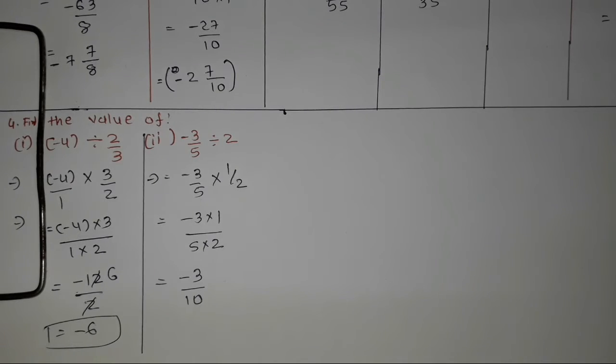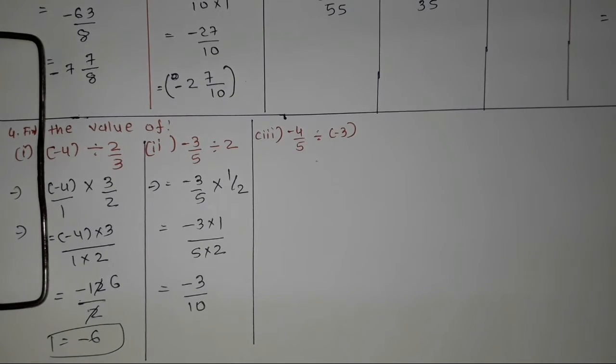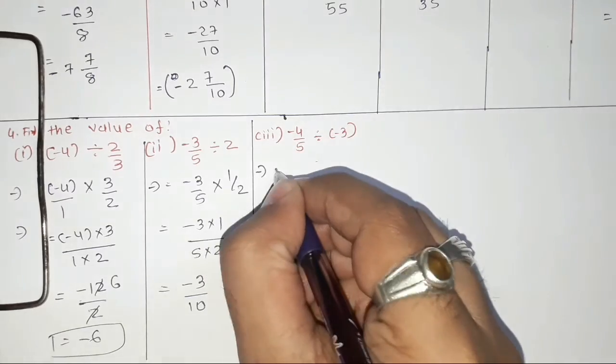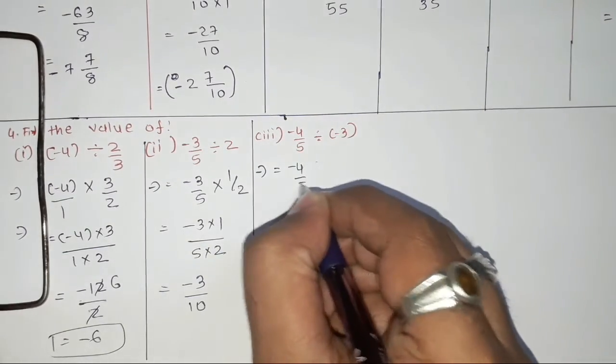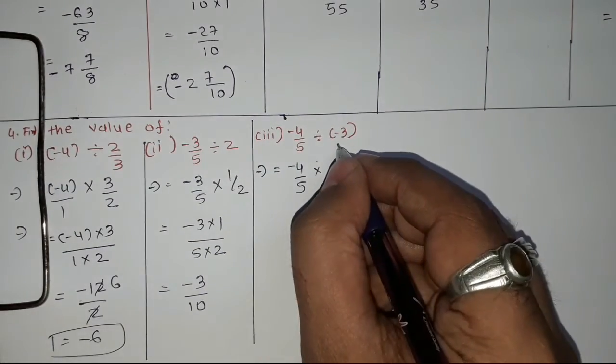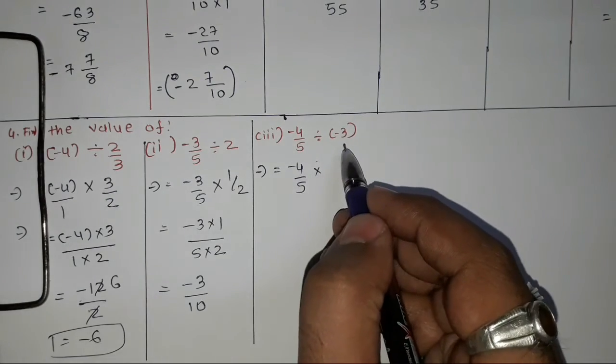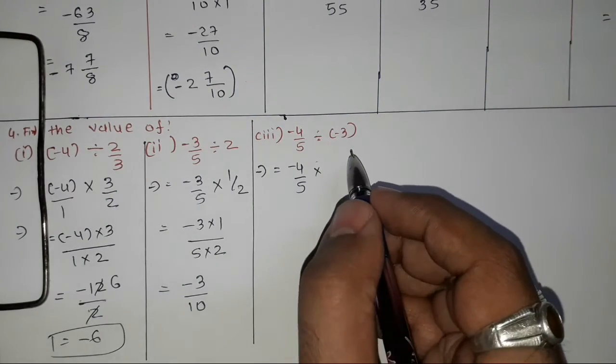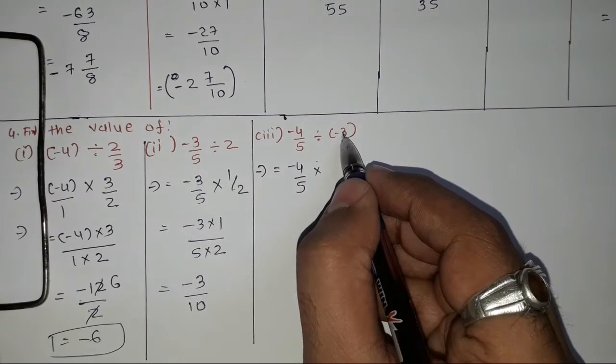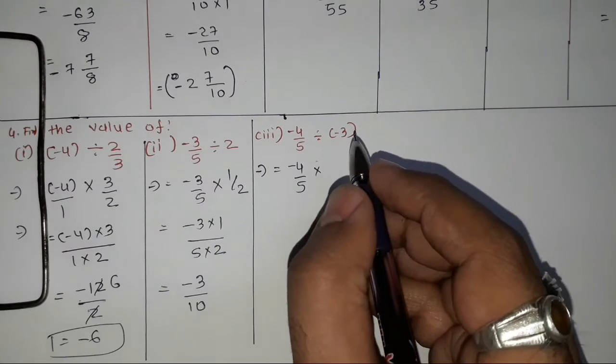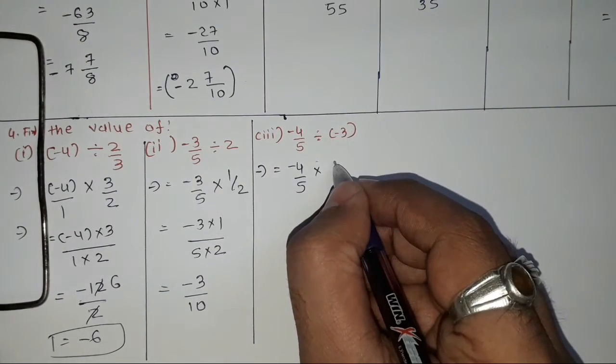Similarly, moving to the next one. Again, the same method we will follow as we have done in the previous one. Minus 4 by 5 multiplied by, now we will take the reciprocal of this one. The reciprocal, we have to take only for minus 3.